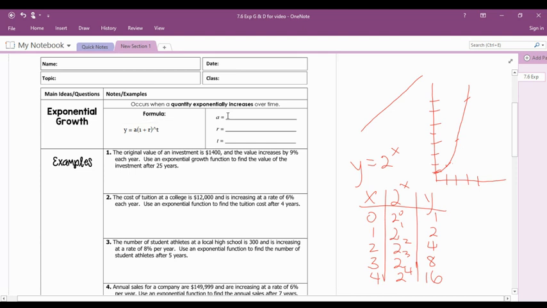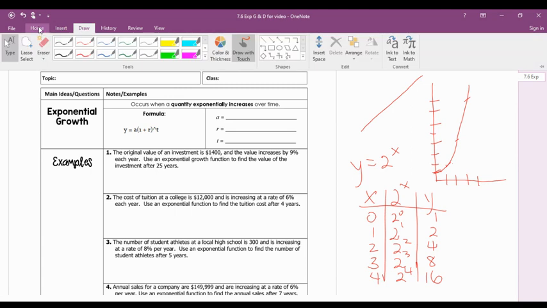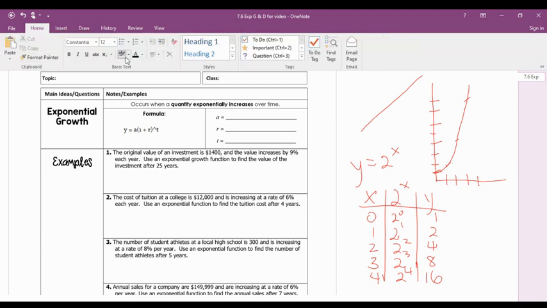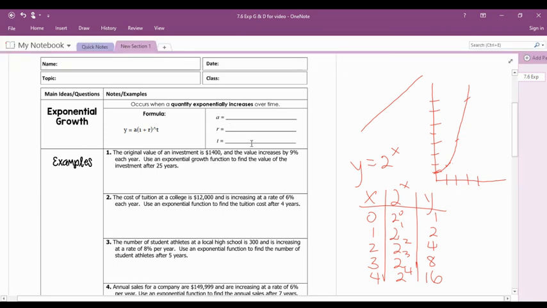So let's see if we can get that going here. I need to put a highlighter on it because we've got some lines here that I'm going to be drawing over. So A equals the initial amount, and it's always the initial amount. A is always the initial amount, that number out front there.